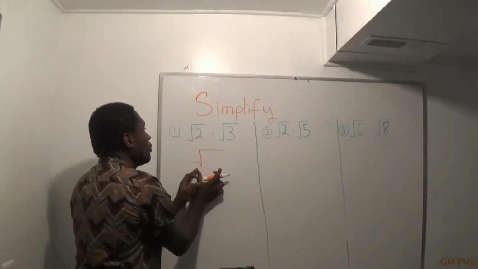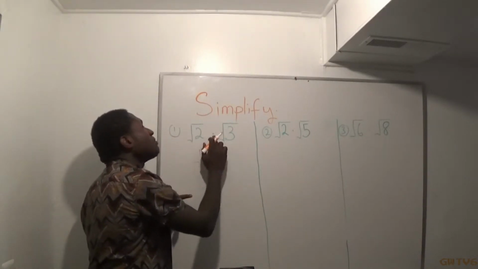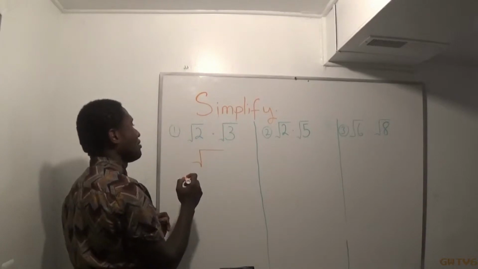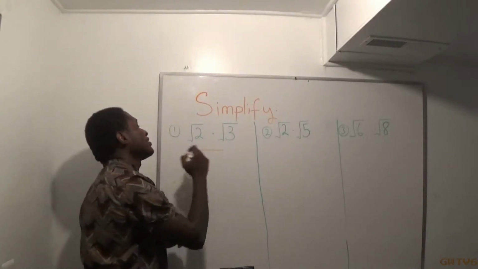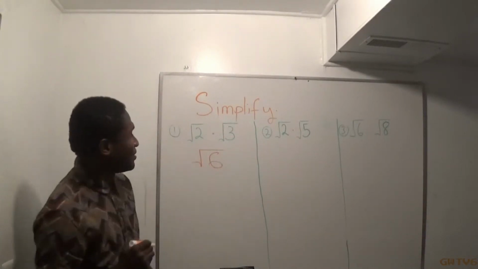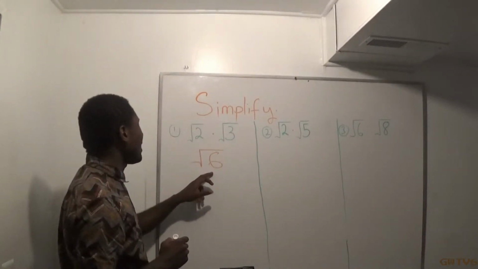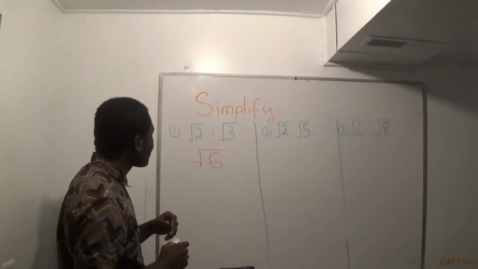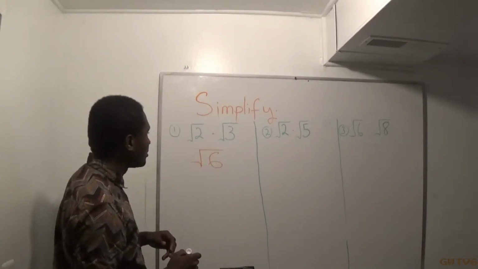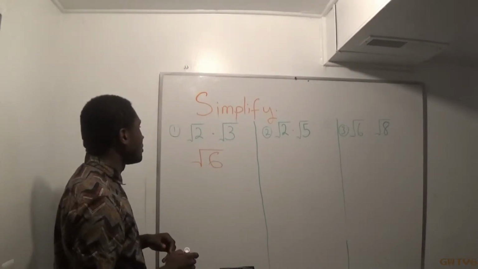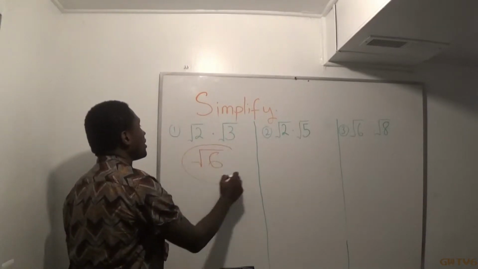So I put one square root. Now I'm doing 2 times 3. And 2 times 3 is, do I have to think about this? Oh, that's 6. So I have square root of 6. But can I go ahead and simplify square root of 6? Nope. So that would just be my answer.